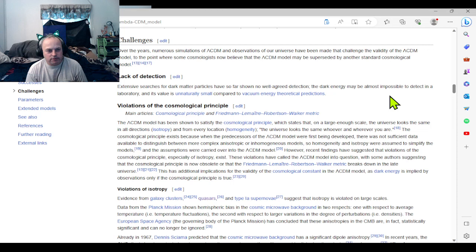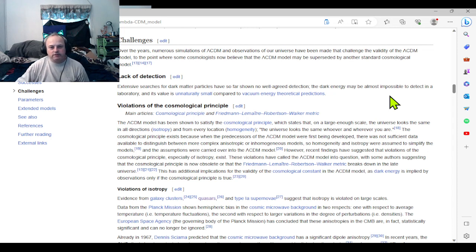The cosmological principle exists because when the predecessors of the model were first being developed, there was not sufficient data available to distinguish between more complex models, so we assumed it to simplify the model. So homogeneity and isotropy were assumed to simplify the models, and the assumptions were carried over into the ΛCDM model.